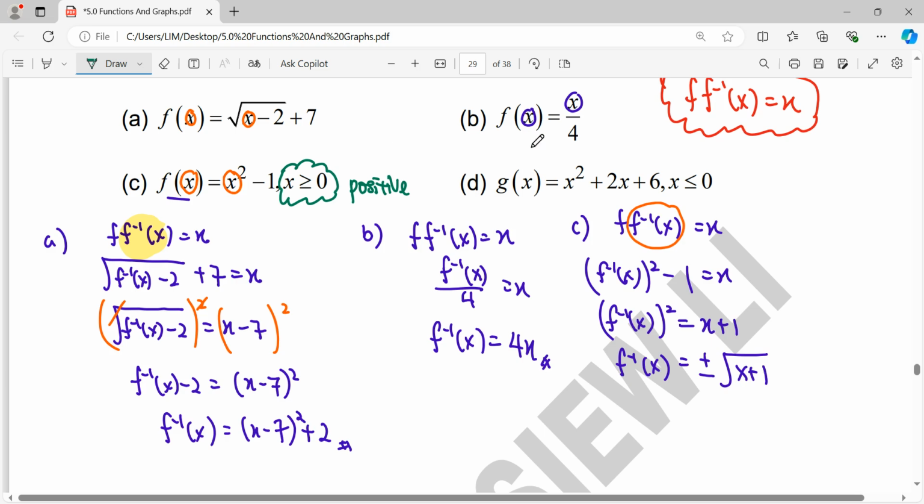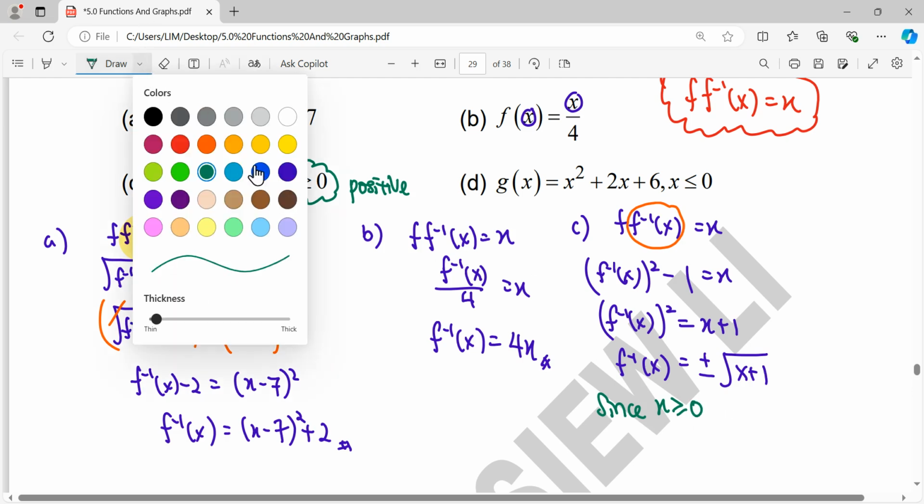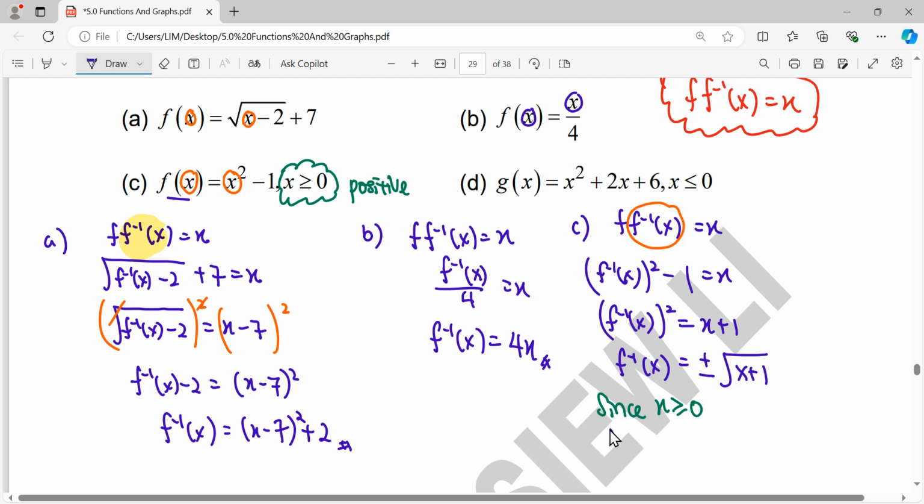Therefore, this function can have its f inverse found. When you're finding that f inverse, if we get two answers, that is not logical. Supposing the function is one-to-one, we're supposed to get one answer only. So since the domain given is positive, our answer for f inverse only involves the positive answer.